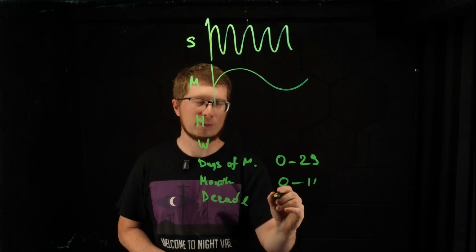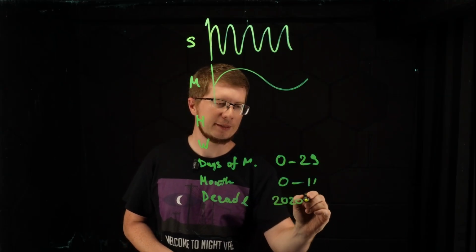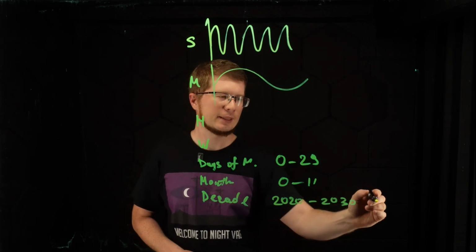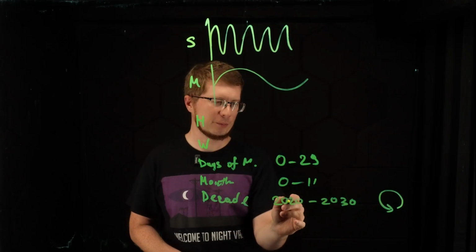So we normalize the values from, let's say, 2020 to 2030. So that will be the full loop if we change from 20 to 30.